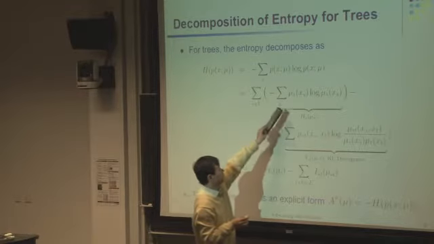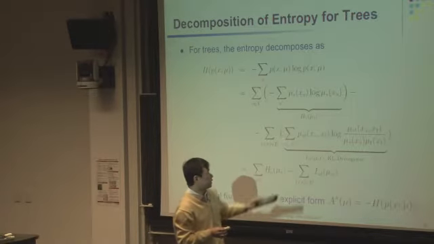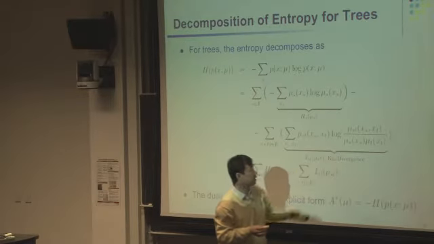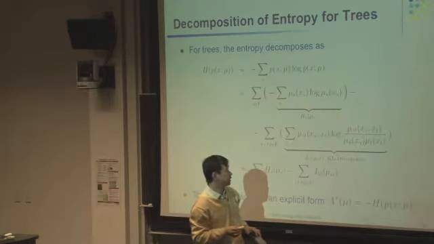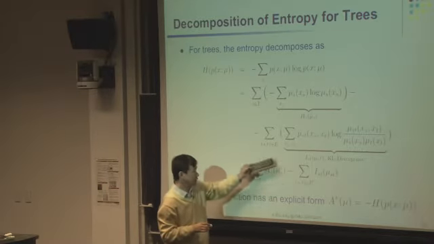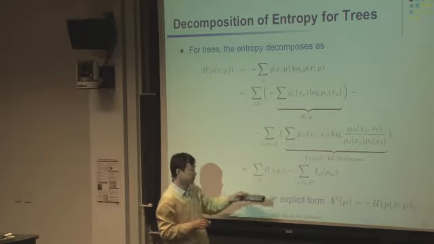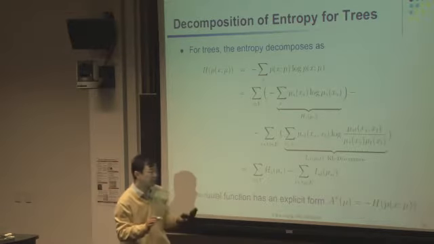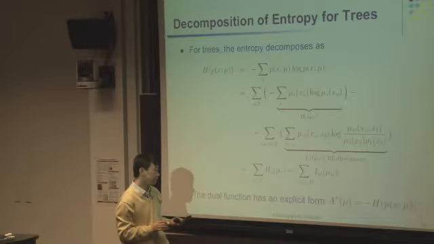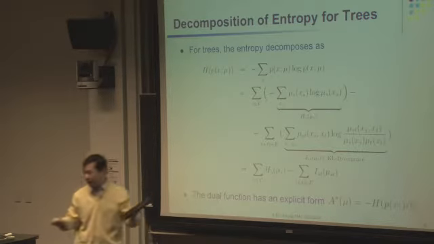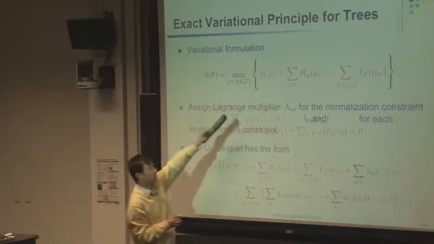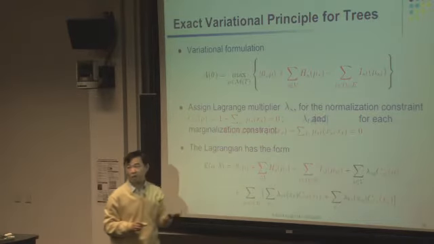You see the singleton entropy, and you see this KL between the singleton and the pairwise marginals. At the end of the day, you have this closed form definition, which is all computable based on just the mu's that you're going to derive, right? And so we now have a clean objective, and what you do is solve this optimization problem.